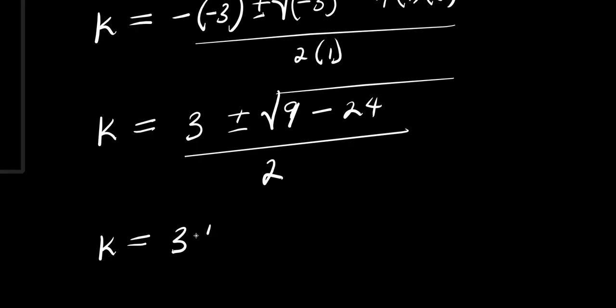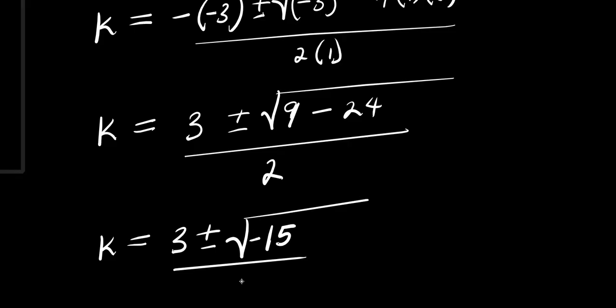K equals 3 plus or minus the square root of 9 minus 24. So this will simply give you 16. Sorry, it's 15. That is -15, divided by 2.